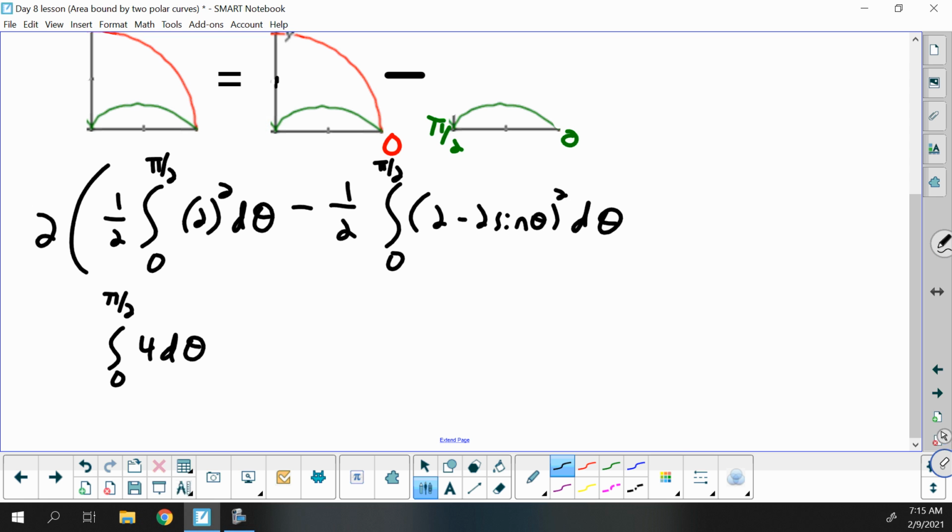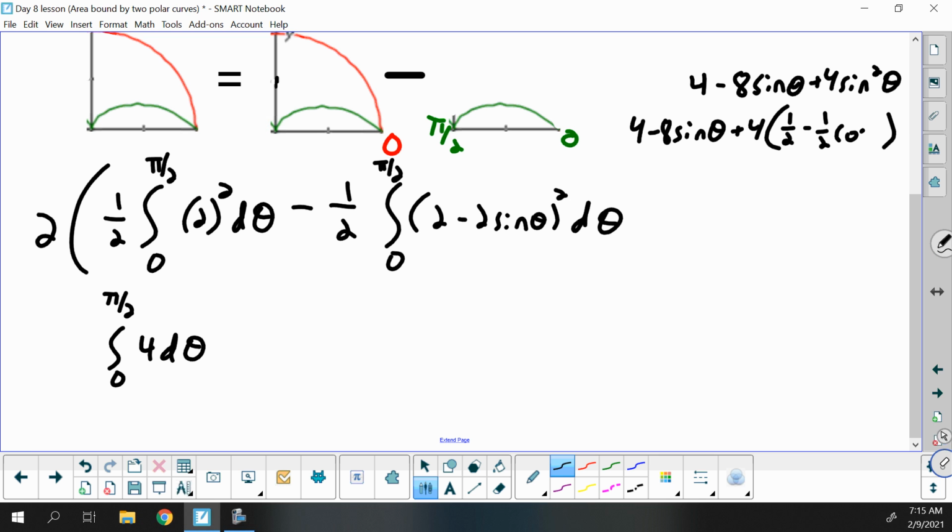I'm going to multiply this out off to the side so we don't have to keep rewriting the integral as much. We'll have 4 minus 8 sine theta plus 4 sine squared theta. Well, that's going to be 4 minus 8 sine theta plus 4, and then we've got to do our power reduction. So we're going to have 1/2 minus 1/2 cos of 2 theta. If we distribute the 4 through, we'll have 4 minus 8 sine theta plus 2 minus 2 cos 2 theta.